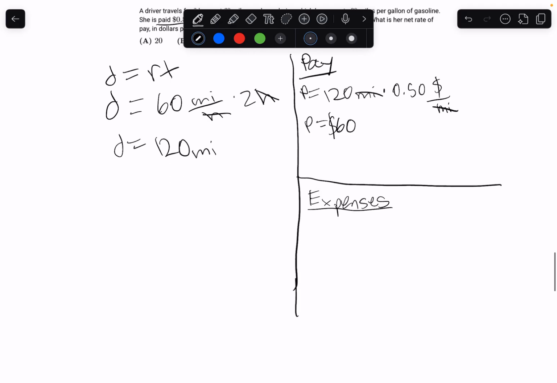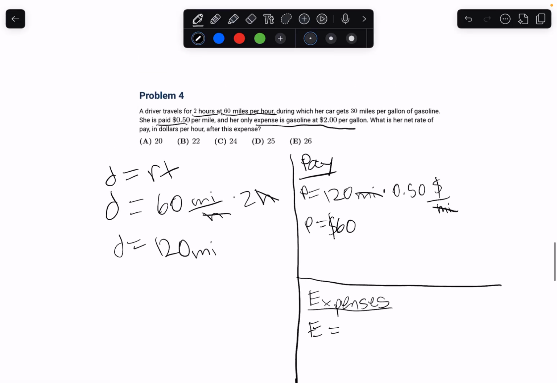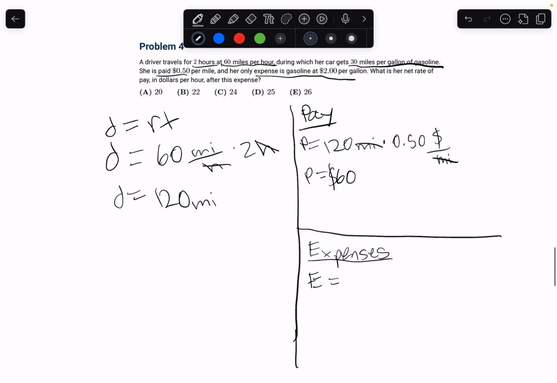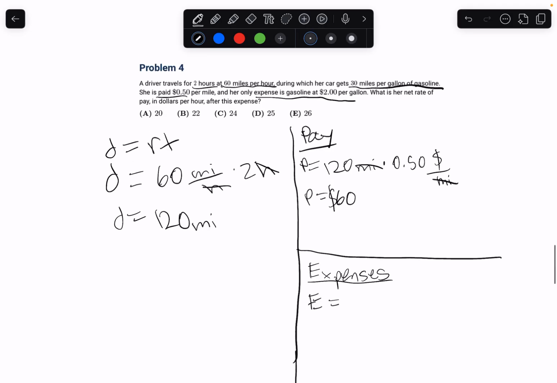And now we can move on to her expenses. She has to pay $2 per gallon of gasoline, and each gallon can take her 30 miles. So first we can calculate how many gallons of gasoline she uses.